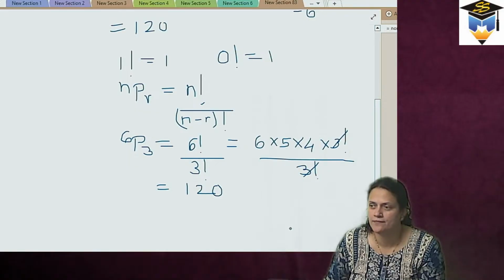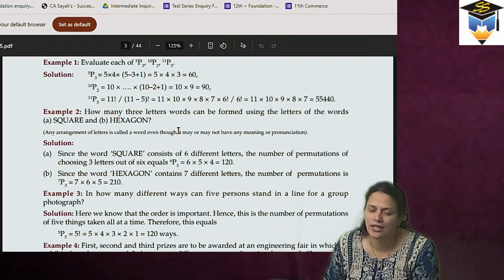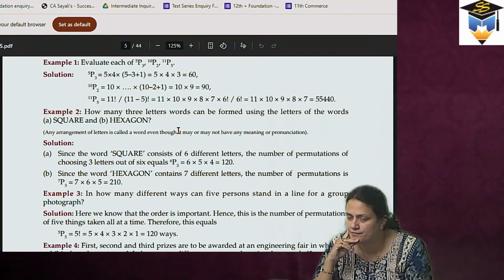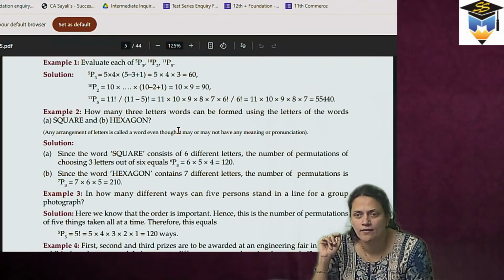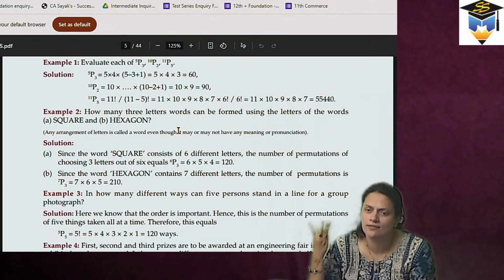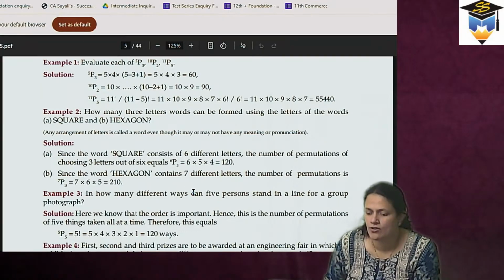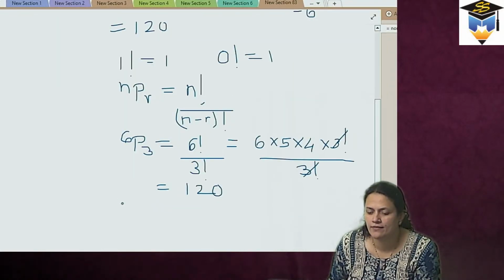Written down the formula, written down the example. Okay, now if you see over here in HEXAGON, tell me how many letters are present? 7 letters. So we have to form how many letter words? 3-letter words. So how will you find out? 7P3. So 7P3 means 7 factorial upon 4 factorial.